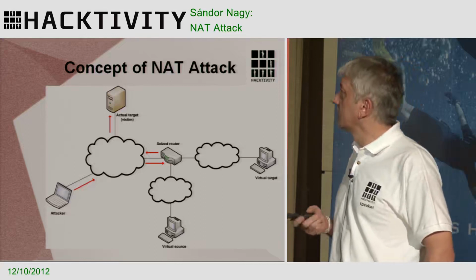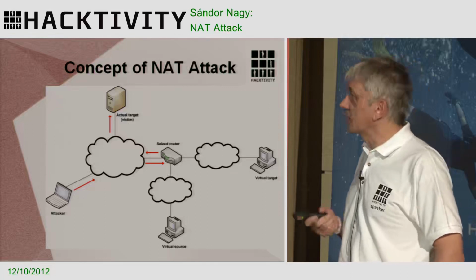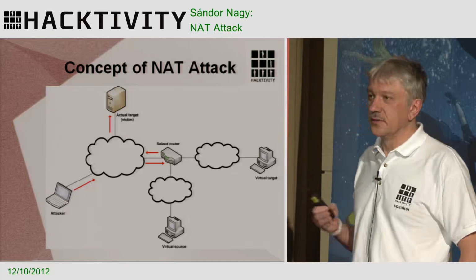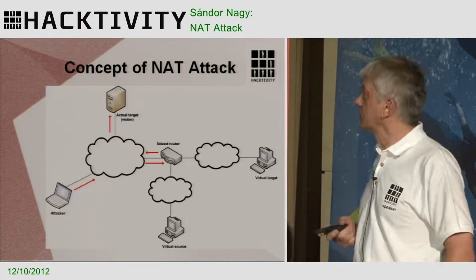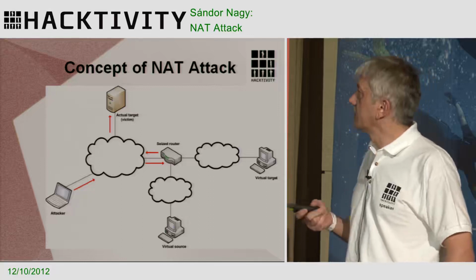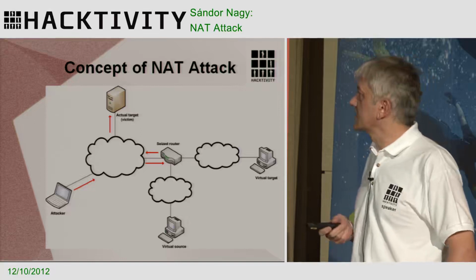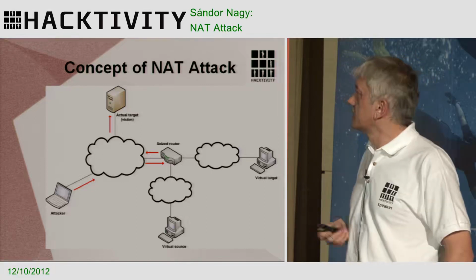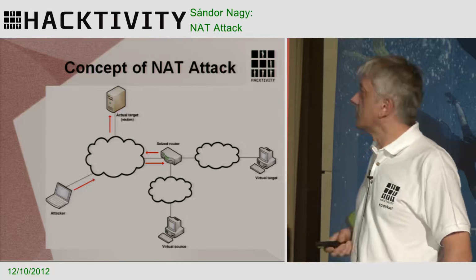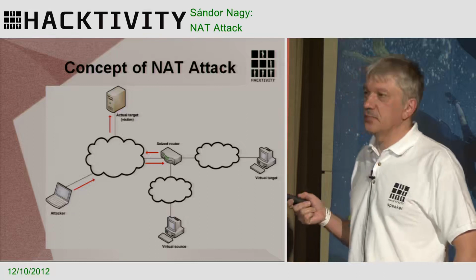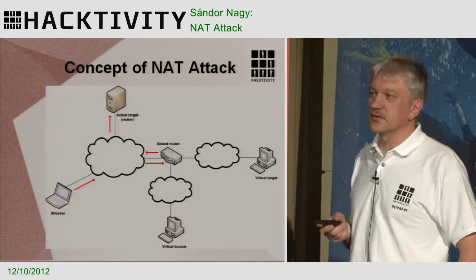And the seized router also recognizes that this packet should be address translated. The NAT rule fits this packet. So the seized router changes the IP addresses again. The source IP is translated or exchanged with the virtual target's IP, and the destination IP is changed to the attacker's node.